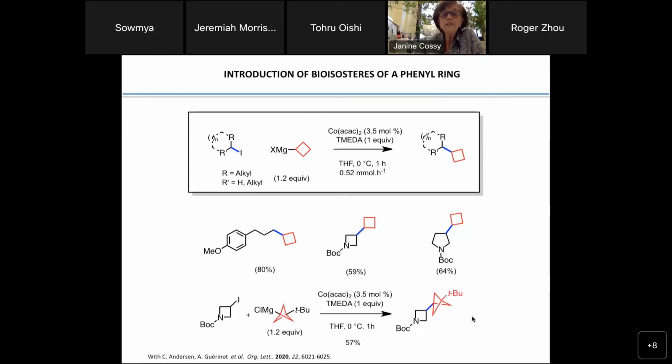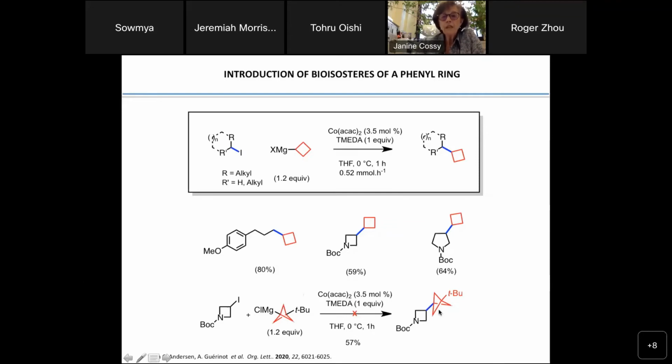Now, the thing that we tried to do is to introduce, for example, this bicyclopentane onto an iodoacetylene. And in fact, if you are treating this iodoacetylene with this Grignard in the presence of always the same conditions, cobalt catalyst and TMEDA, we never observe the formation of this compound. So what can we do if we really want to have this product?